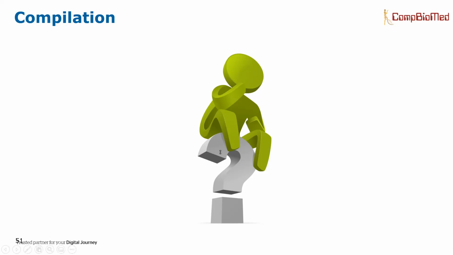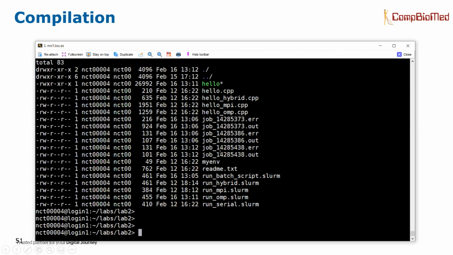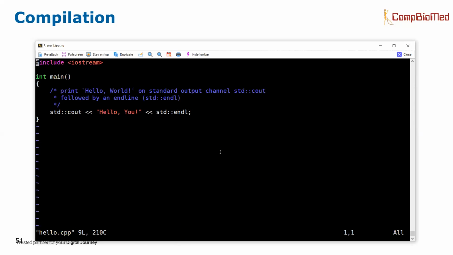The benefit is that, if you are a developer and you need to write a program for processing some data, for example to solve a linear system AX equals B, the compilation will transform your handwritten program, something that you can write and understand yourself, into something that the machine can understand and execute.